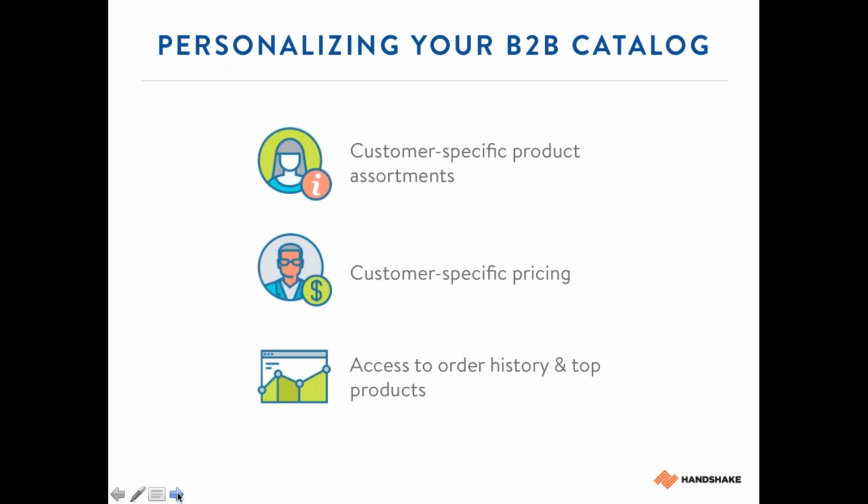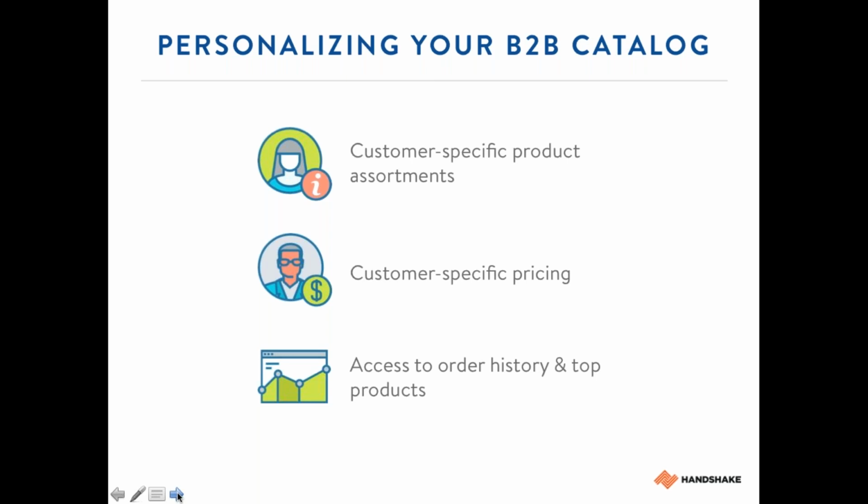And this allows people to do things like duplicate a past order, which is a great user experience for the buyer. And it also can drive upsells or cross-sells, and just by giving access to the previously ordered items, it gives a lot more context for the order to be placed.